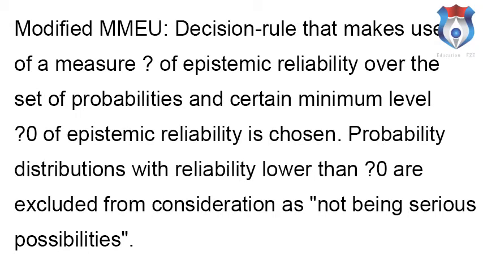Modified MMEU. Decision rule that makes use of a measure ρ of epistemic reliability over the set of probabilities, and a certain minimum level ρ0 of epistemic reliability is chosen. Probability distributions with reliability lower than ρ0 are excluded from consideration as not being serious possibilities.